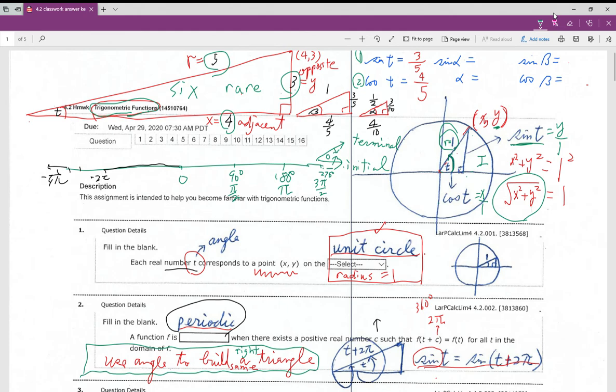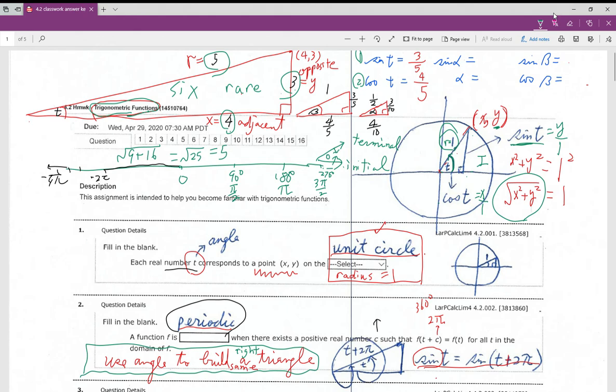The square root of 3 squared plus 4 squared is the square root of 25, which is 5. So if you really have a right triangle and the radius happens to be 5, that's true. I say it's not going to happen all the time, but it happened.